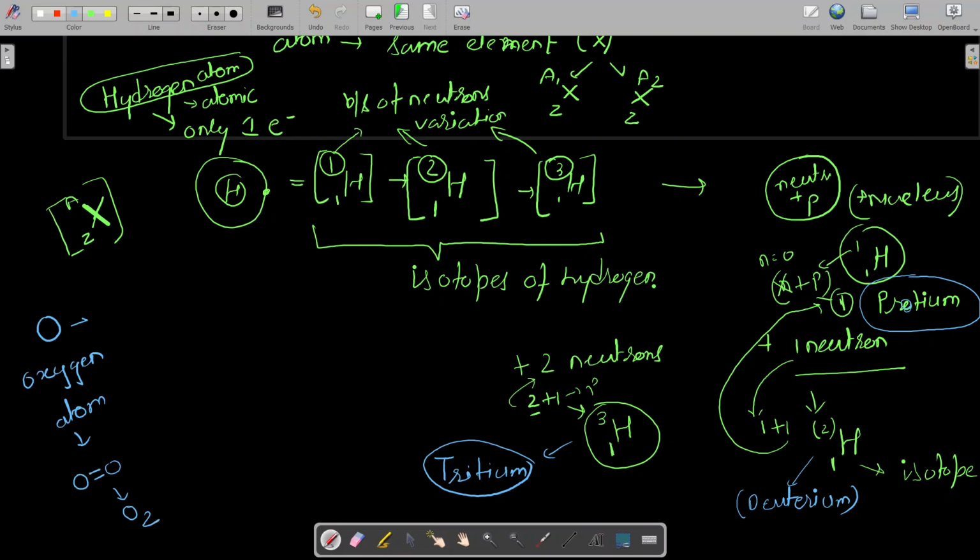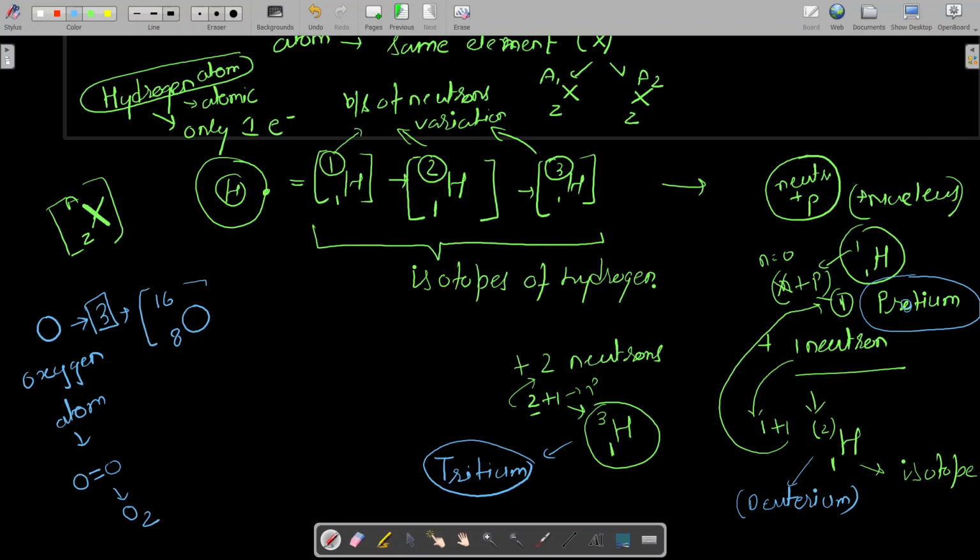O2 has a double bond between them. So this is our oxygen, and that oxygen has 3 isotopes, that means they are present in 3 isotope forms. How and when? This is your oxygen and this is the atomic number of oxygen. So it's 8, because जितने proton होते हैं उतने ही neutron present होते हैं. तो 8 plus 8, this is your 16 atomic mass number of oxygen.